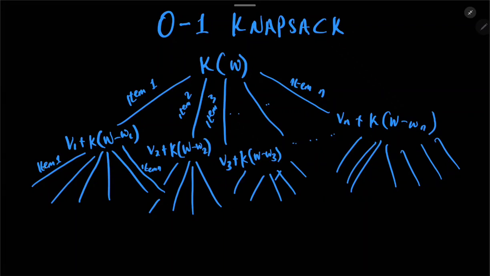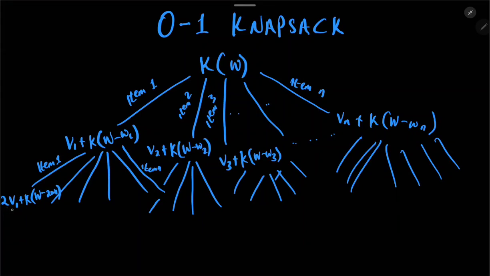If we pick item 1, this is an example. Now we'll have V1 plus this V1 we already have. So that will be 2V1 plus the knapsack capacity K minus 2W1. So this is what our capacity would be.